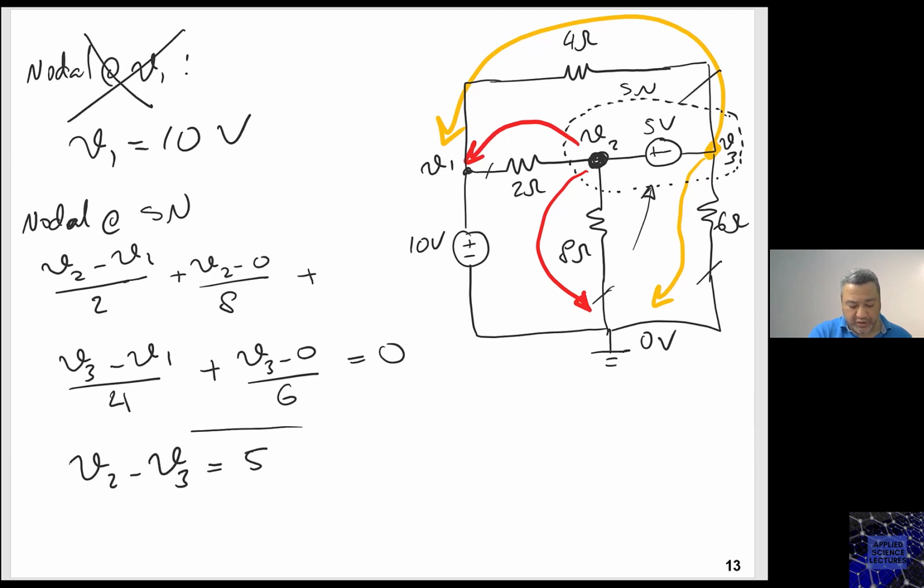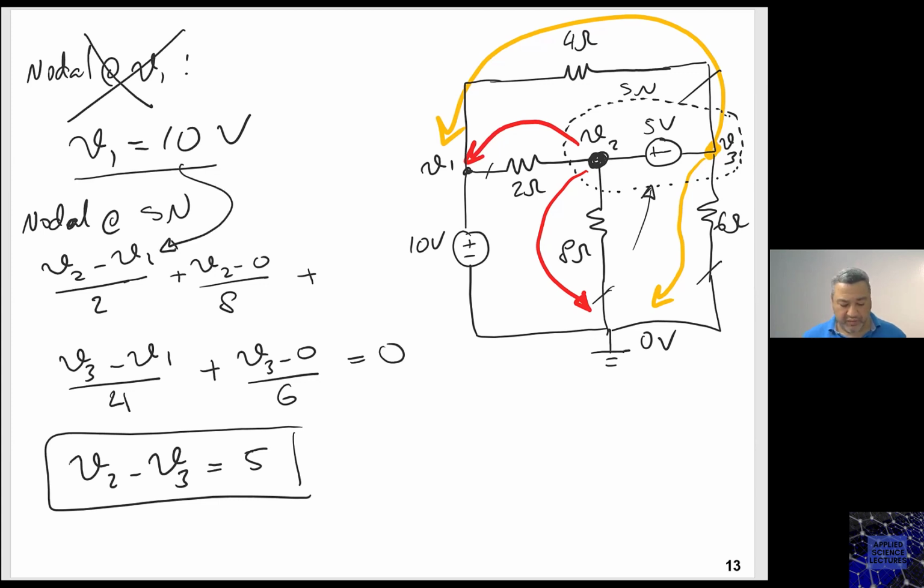So those are the 2 equations. Now here remember V1 is 10, so it's not a variable anymore. It's known. So I will end up with 2 equations, 2 unknowns. Problem is solved.